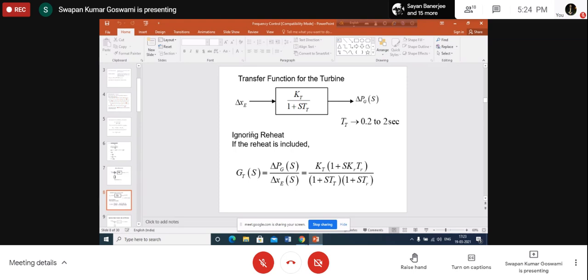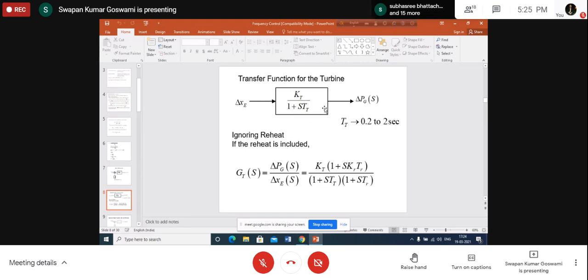But if you consider the simplest form of this boiler and turbine system, ignoring the reheater, then the turbine may be represented by a first order transfer function, and the form is Kt by 1 plus S time Tt. So we shall assume that this is how it may be represented.